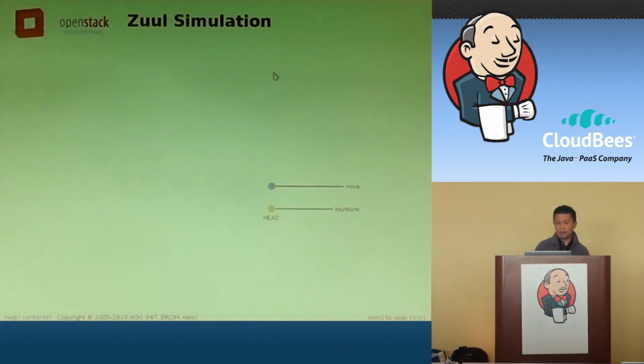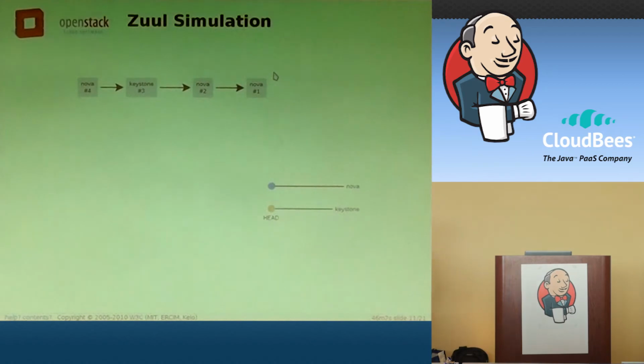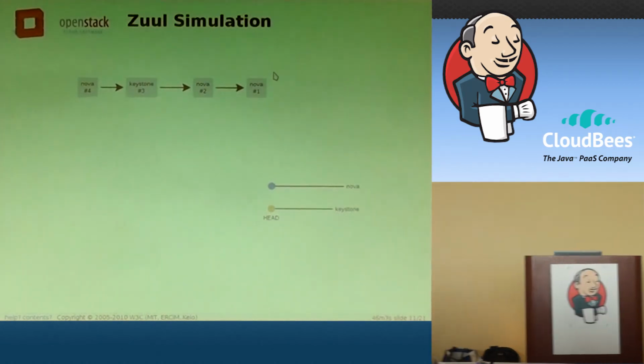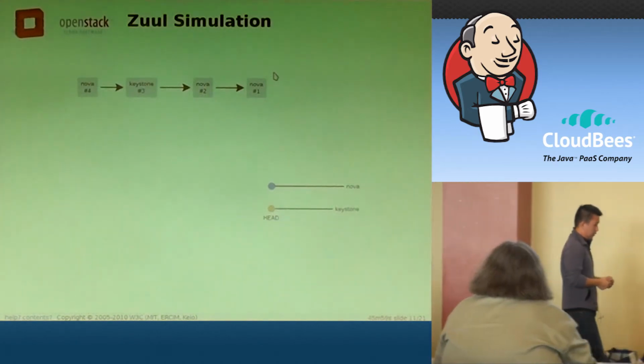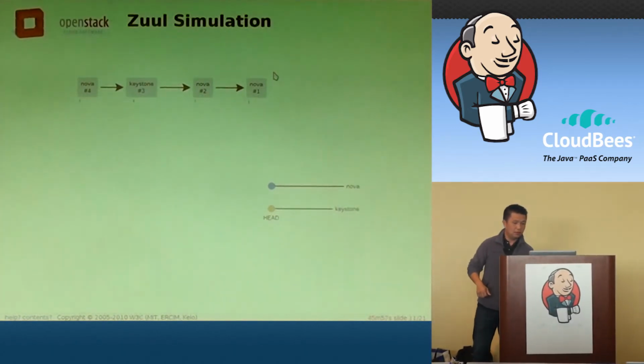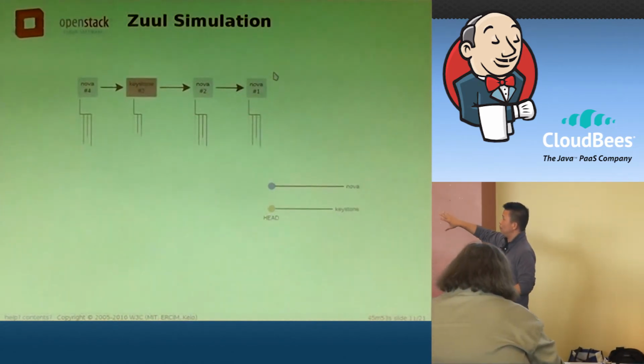What you're seeing here is that you may have 3 patches that come in to our system. We run all these patches in parallel.